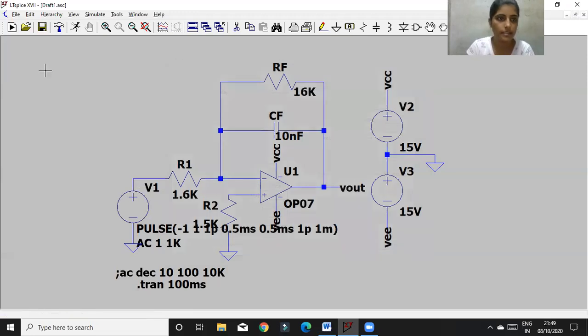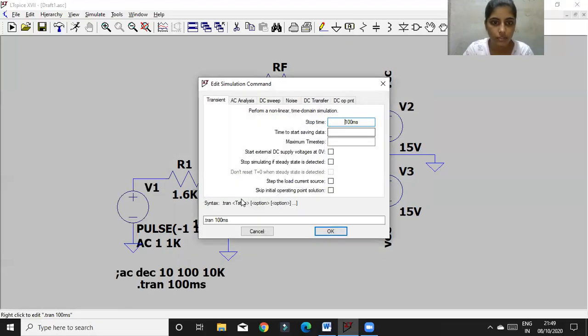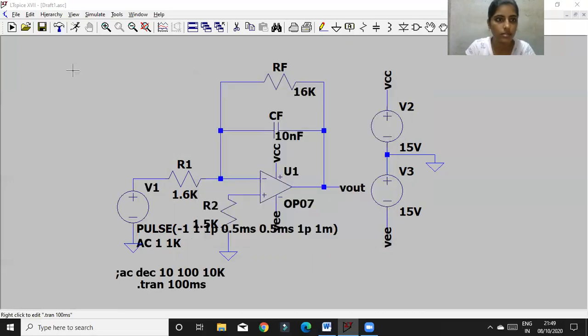So I select this, and I also change the transient time, let's say 10 ms, then 1 micro. I run it.